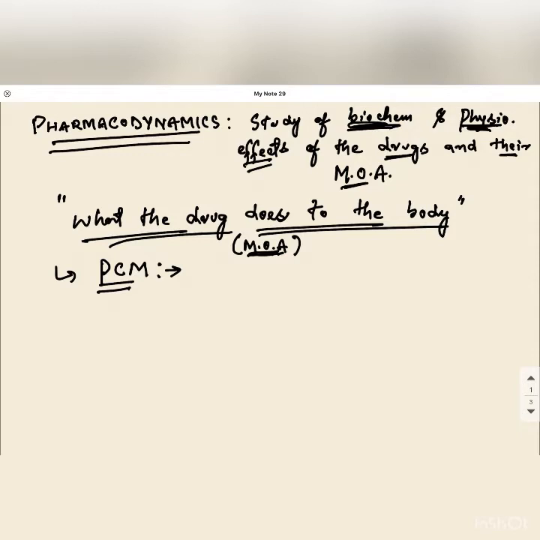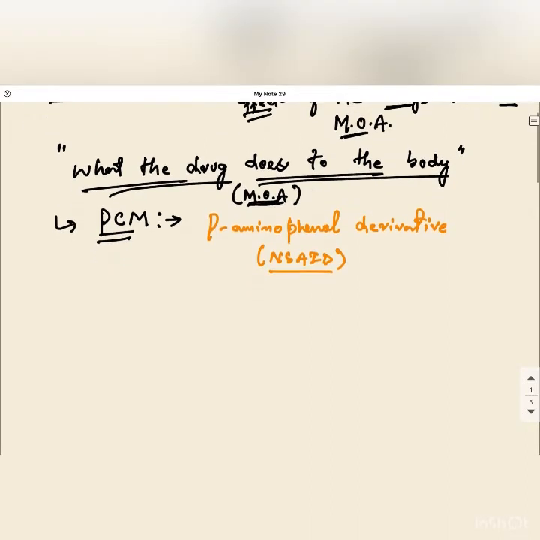For your information, paracetamol is a para-aminophenol derivative. We know it's an NSAID, that is a non-steroidal anti-inflammatory drug, and we know it has two main functions.